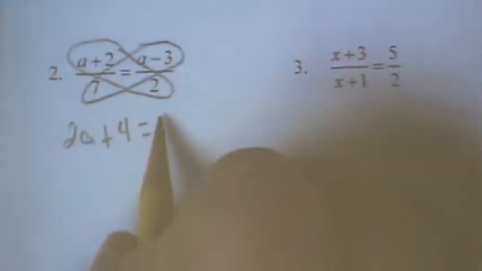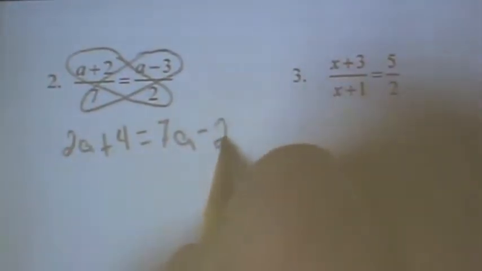Number 2. Again, we're cross multiplying. So 2 times a plus 2 times 2. That equals 7 times a minus 21.